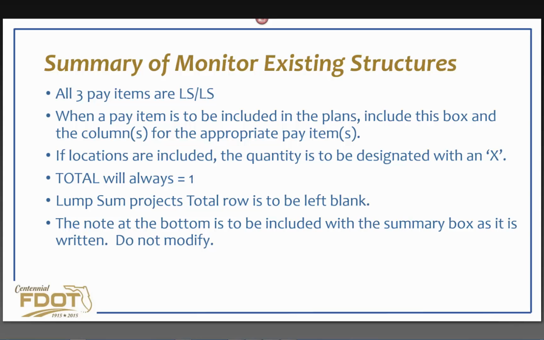Okay, if locations are included, then the quantity is to be designated with an X in the quantity column. Because it's lump sum, we didn't want the confusion of seeing all those ones for each location and then a total of 1. It's a lump sum pay item, so we're going to designate the locations with an X, and our total, again, because it's lump sum, will always be 1, okay?